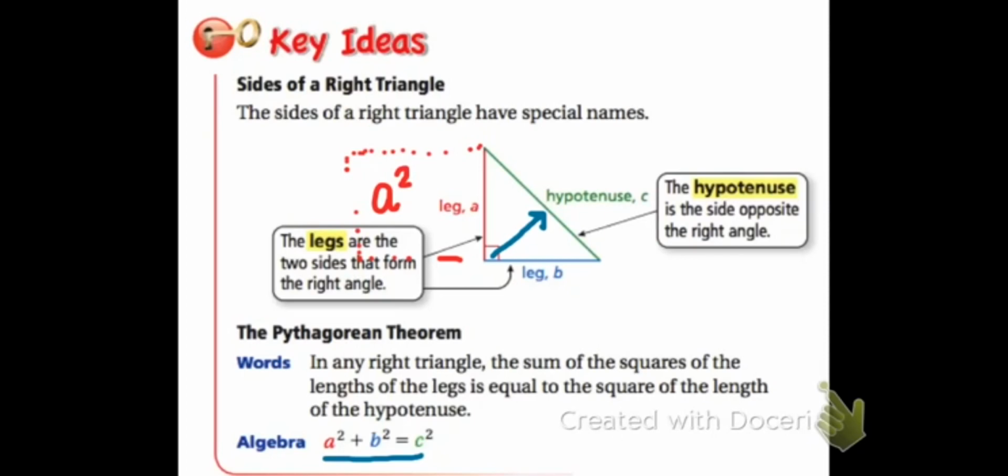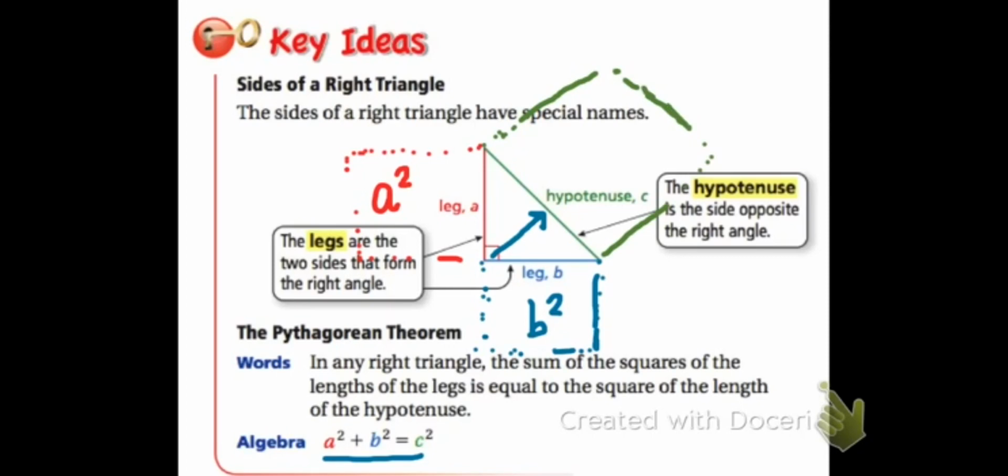Then if we had a square at leg B, again, not perfect, the area of this square could be described as B squared. Finally, consider the fact that there would be a square also from the hypotenuse, right?